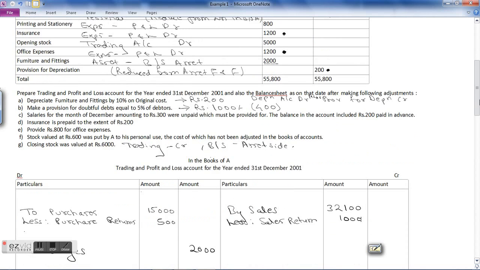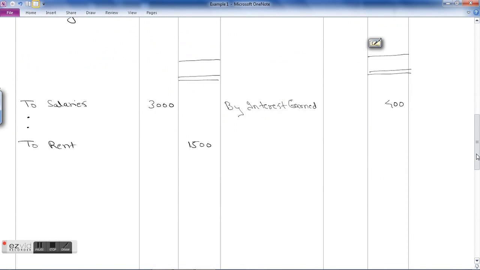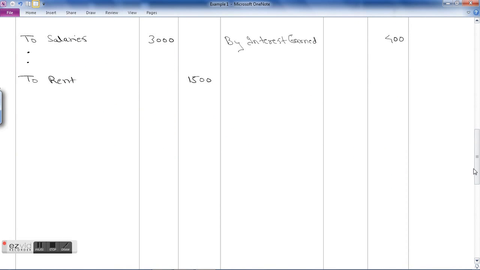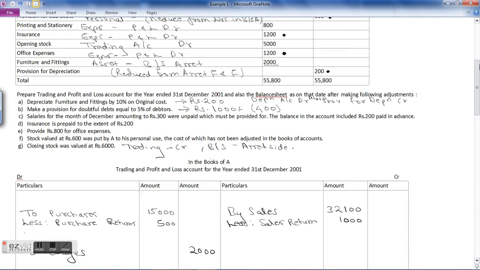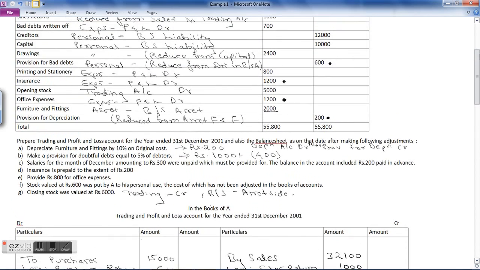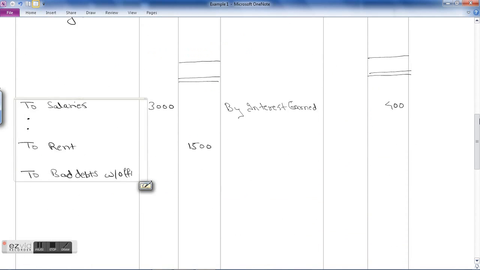So profit and loss account debit side, to bad debts written off. How much is bad debts written off? Amount is 700. So 700. I am putting it in the outer column.